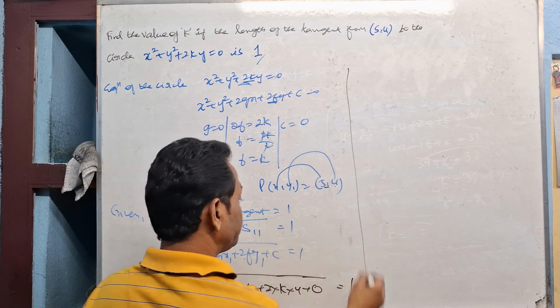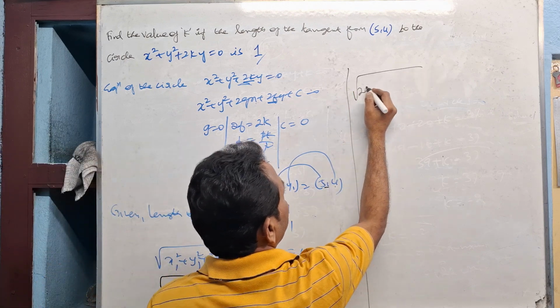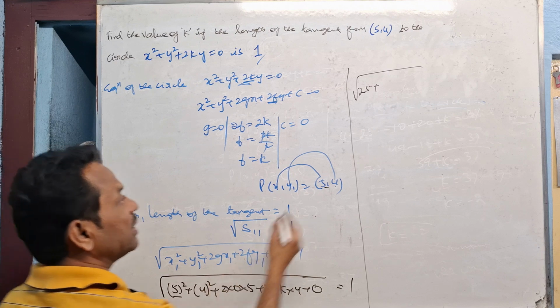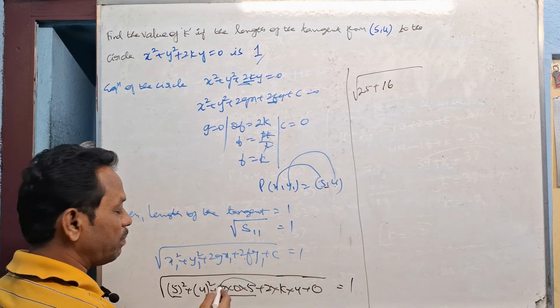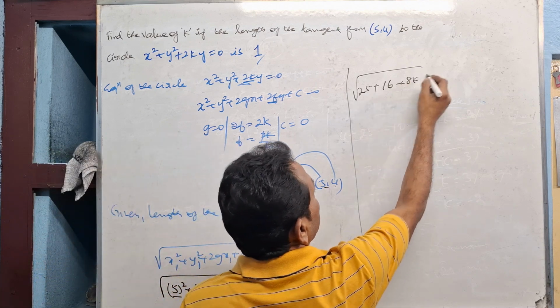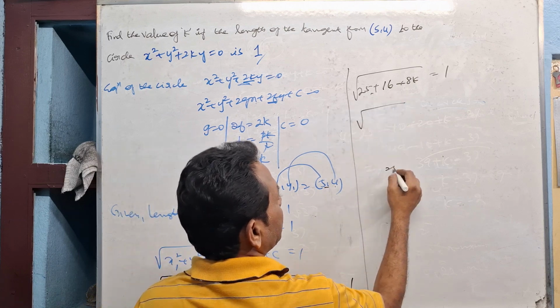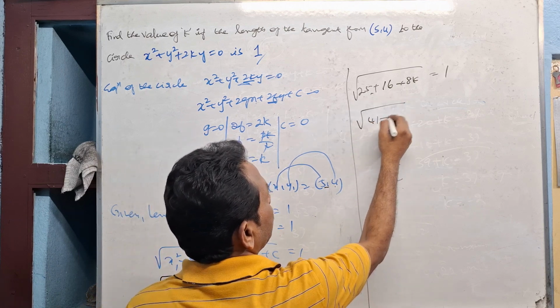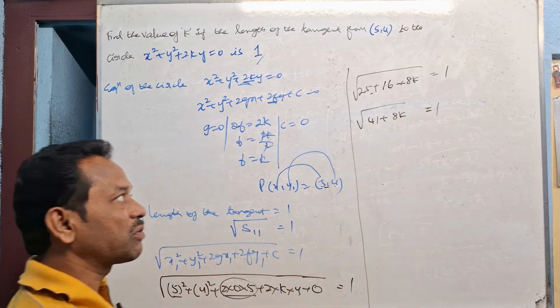Let me simplify. 5 square is 25, plus 4 square is 16. Then 0 into something is 0, this whole becomes 0. Next, 2 into 4 is 8, so we get plus 8k equal to 1. 25 plus 16 is 41, so 41 plus 8k equal to 1. So let us eliminate the square root.